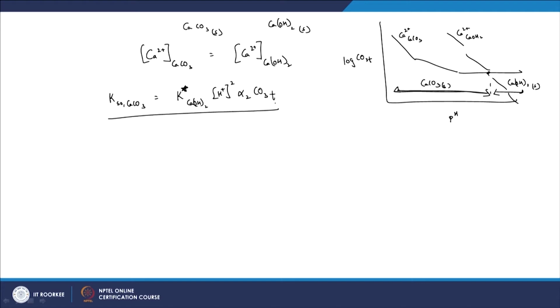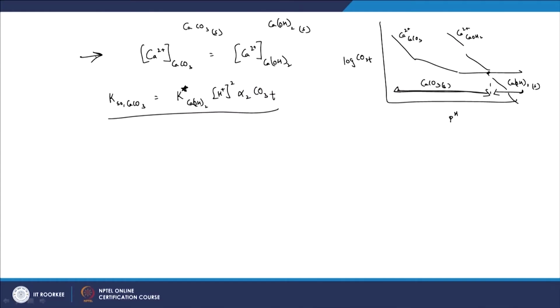This was the relationship we figured out when looking at the case when both the solids would precipitate out. When would that be the case? When the concentrations of calcium in equilibrium with both the solids are equal.